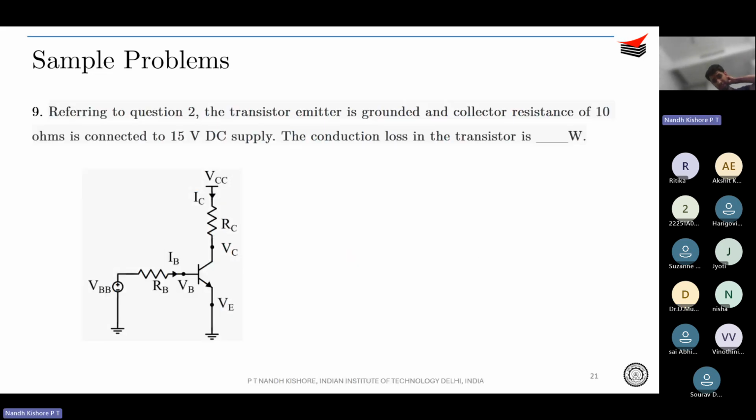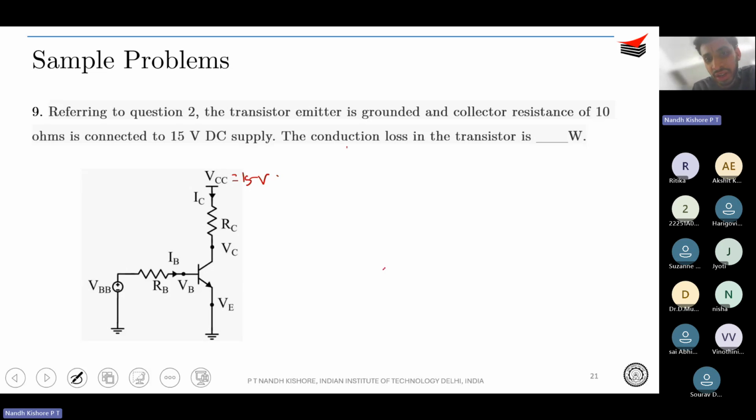Okay. So referring to question number 2, the transistor emitter is grounded and collector resistance of 10 ohms is connected to 15 volt DC supply. Okay. So VCC is 15 volts. And what is the conduction loss in the transistor?